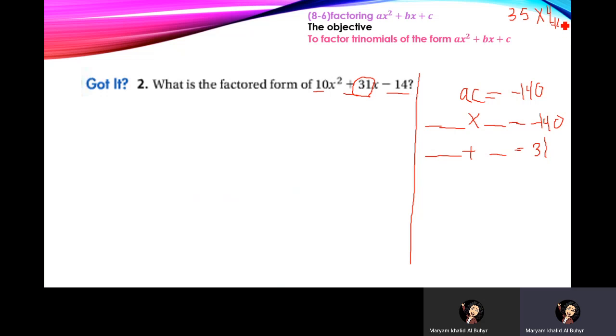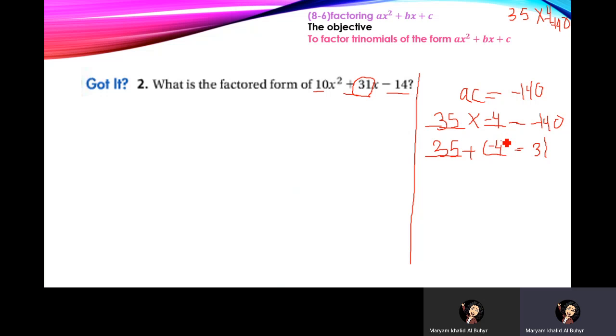Yes, 140. Just keep one of them negative. Keep this one negative. Once I add them, will I get 31? Yes. So I will say 35 times minus 4, which is 140. Because as you know, 35 times 2 is 70, and 70 times 2 is 140, and that's so easy to find. Then here 35 and minus 4.